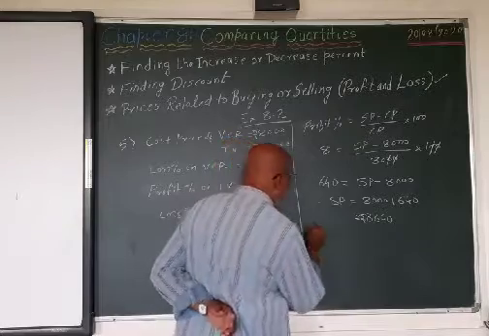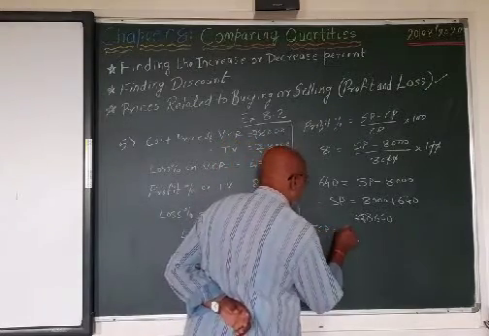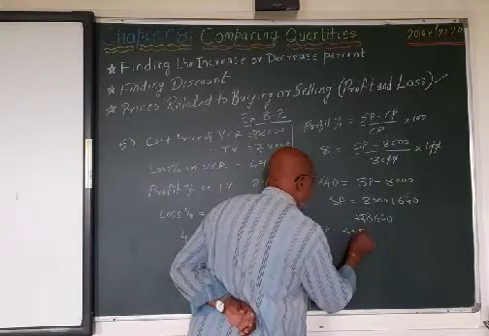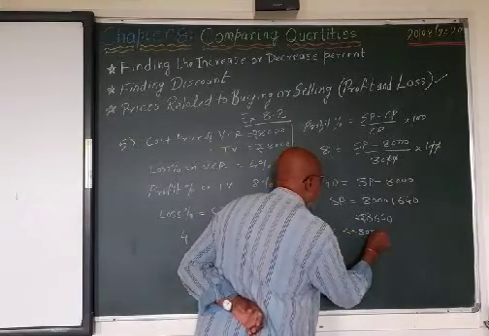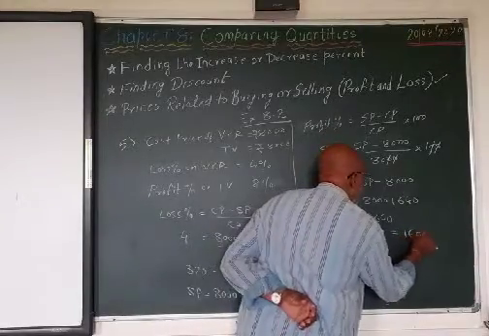Now, total cost price equal to 2 into 8,000, because both cost prices were 8,000, so it is 16,000.